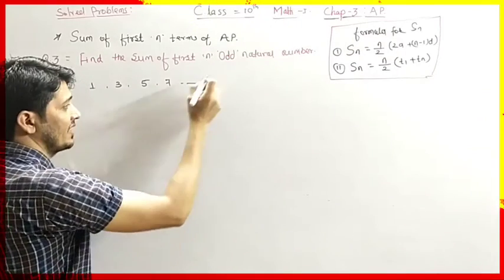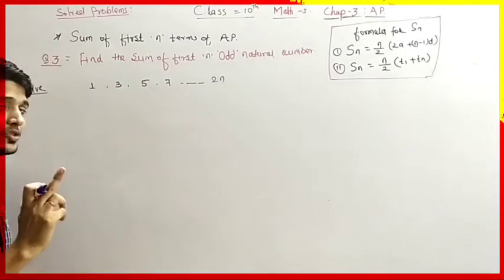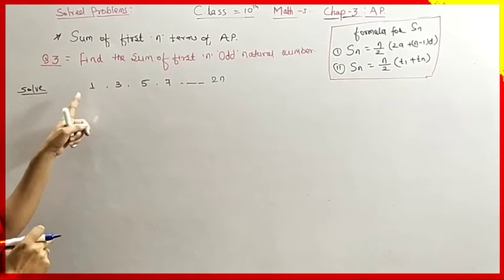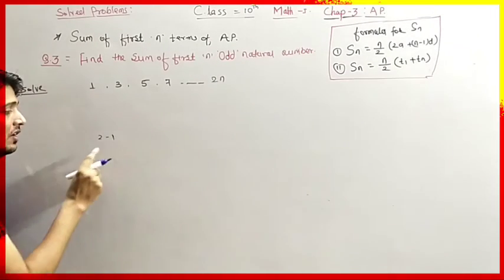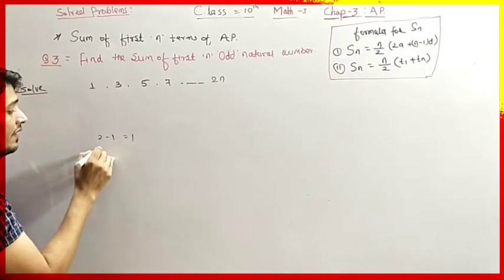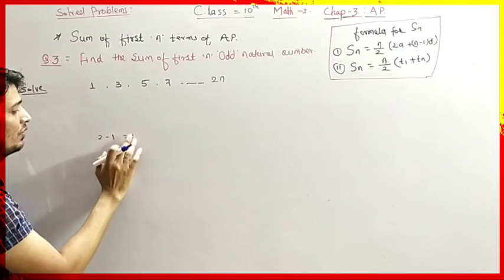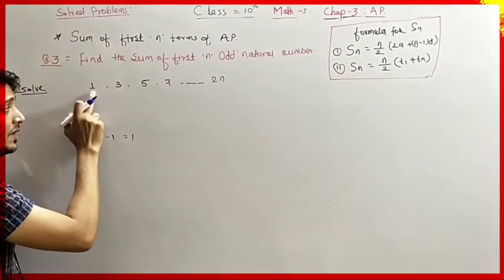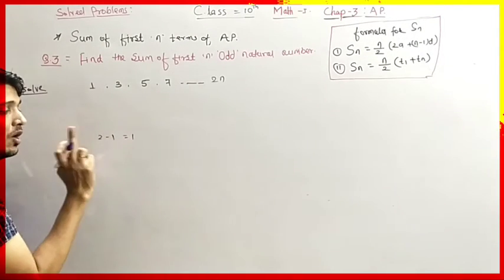Even natural number, what was it? It is 2n. If we subtract 1, see, earlier it was 2, so from 2 we subtracted 1, so we got 1. Then 4 minus 1 is 3. So what did we do here? Actually we subtracted 1 from the even number, so we got the odd number.